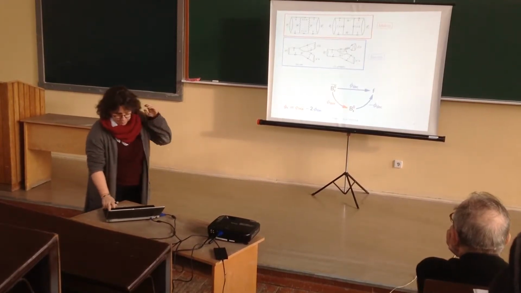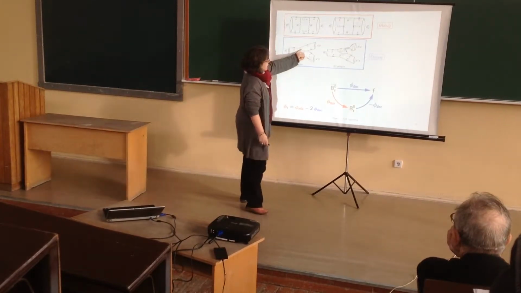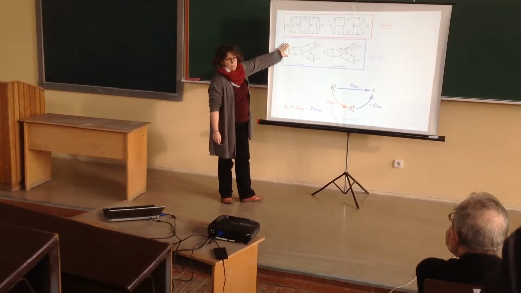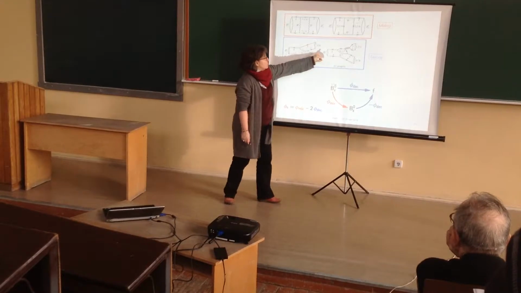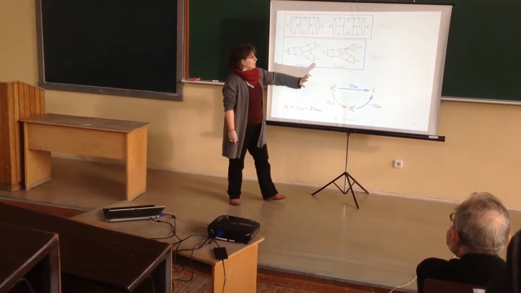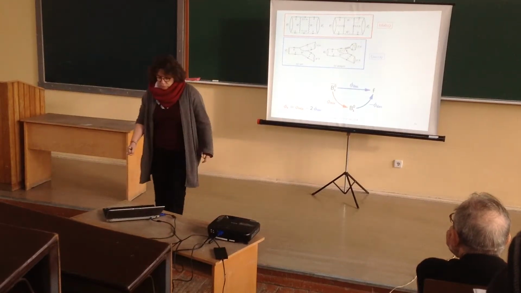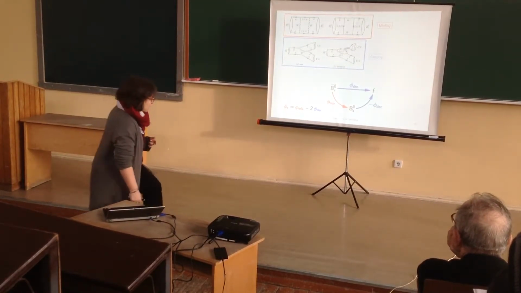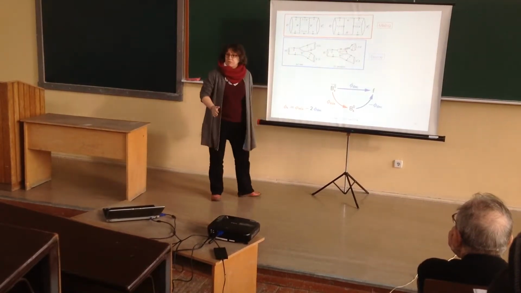Look at this one: it is much more probable than this one. It's a higher order diagram, which means that at first order one can forget about it. But still, even if I forget this diagram, I can still have CP violation.